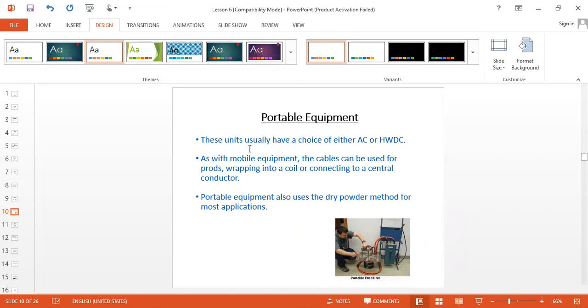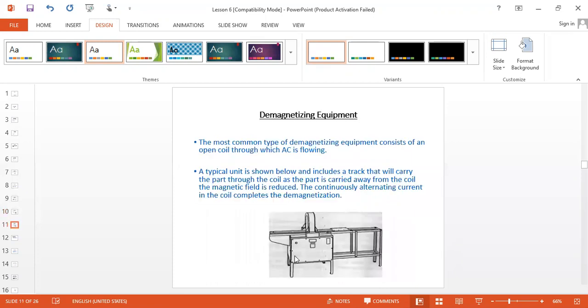The portable equipment usually has a choice of either AC or HWDC. As with mobile equipment, the cable can be used for prods, wrapping into a coil, and connecting to a central conductor. Portable equipment also uses the dry powder method for most applications. Also, we can use the wet method as well. The application of portable equipment totally depends upon the procedure, the customer requirement, and service conditions.